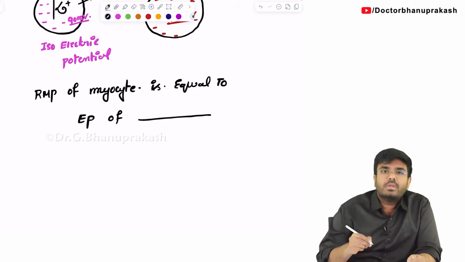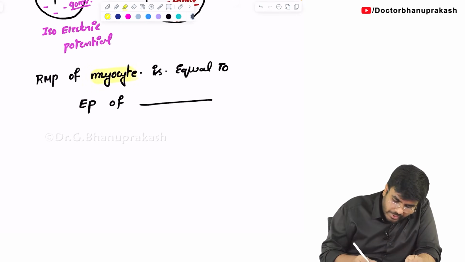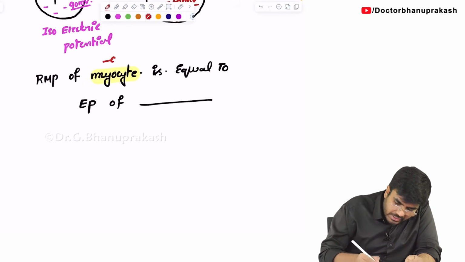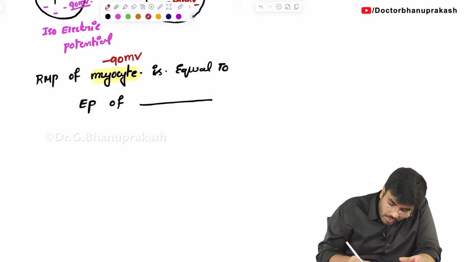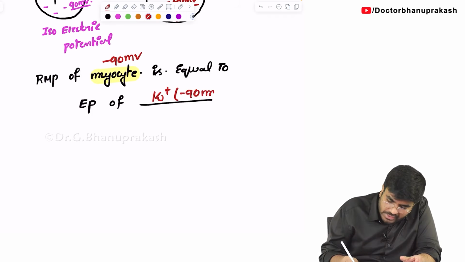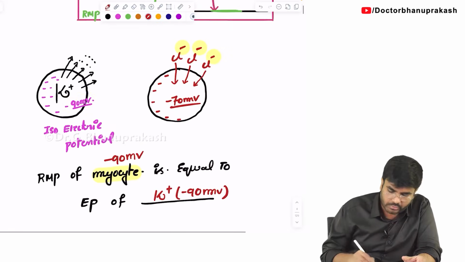So this is the question. You know the resting membrane potential of the myocyte is minus 90 millivolts. So it is equal to the equilibrium potential of potassium, because I have told you the potassium equilibrium potential value is also minus 90 millivolts.